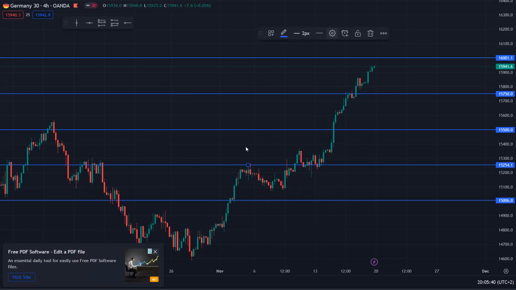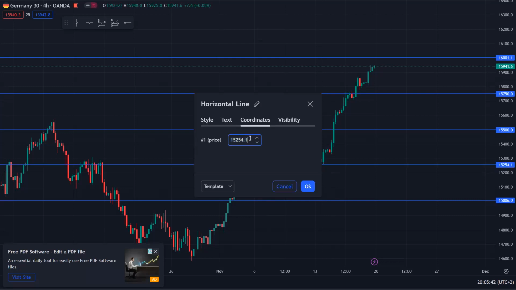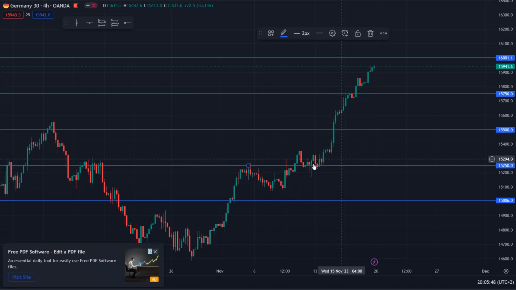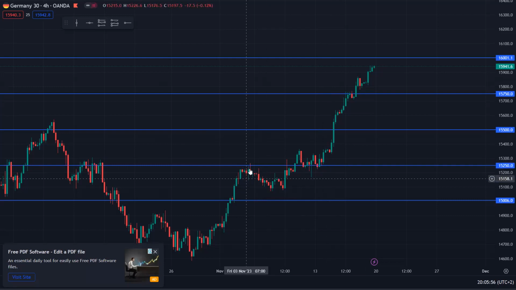Place them like this, and place them there. It's important because a rejection can happen at that quarter point. Like on this candle to the top side, look at that week rejection.